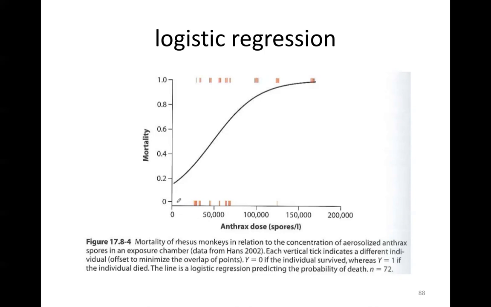and the response is whether they died or not. And of course, a monkey can only die or survive. The anthrax dose is a quantitative variable. The experimental variable is quantitative. The response is binary. And in many biological problems, you have such a setting, the response being binary.